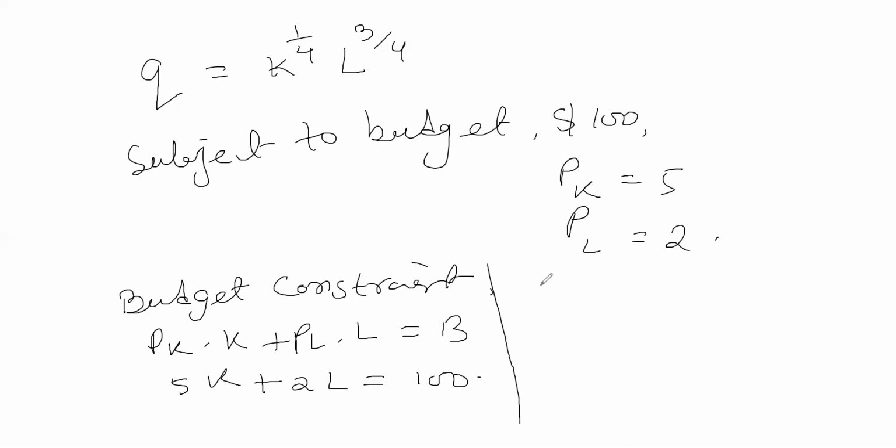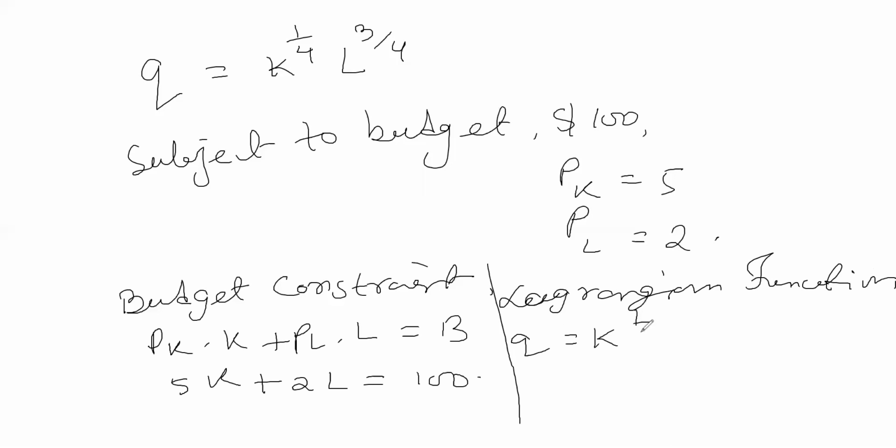So the Lagrangian function will look like q, so this q is equal to k to the power 1/4 L to the power 3 by 4 plus lambda into 100 minus 5k minus 2l.